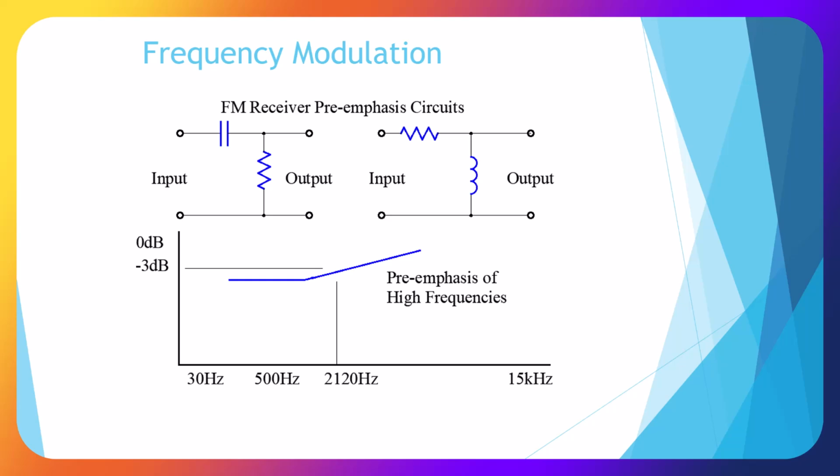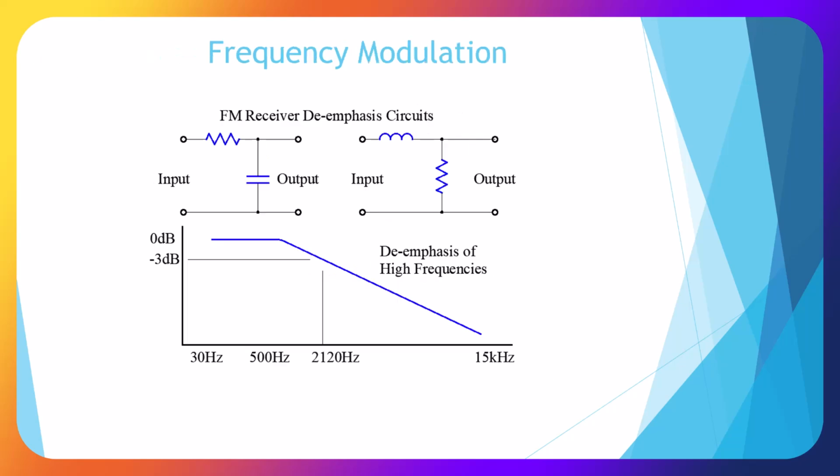Okay, what we have here is a method for making the FM signal even quieter. So what they do is use a bandpass filter and an amplifier. They use pre-emphasis, and they increase the amplitude of high frequencies.